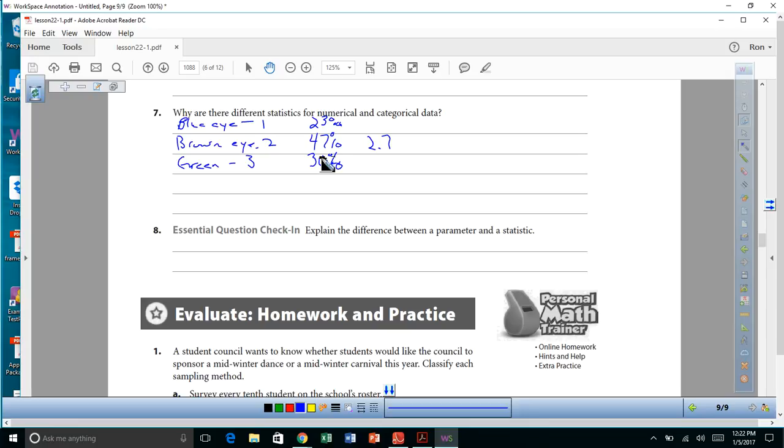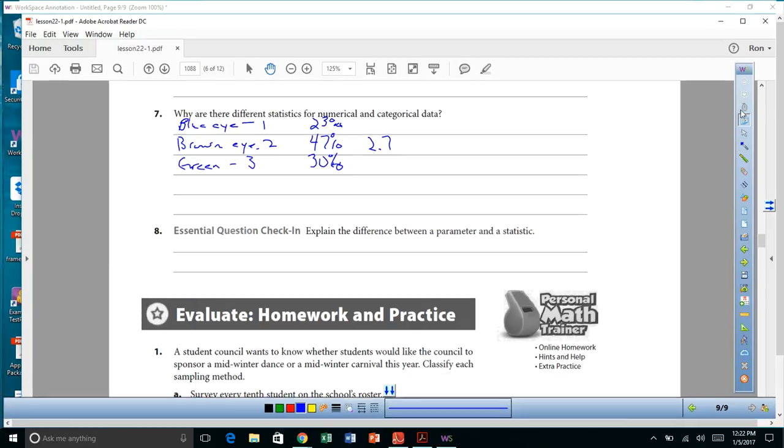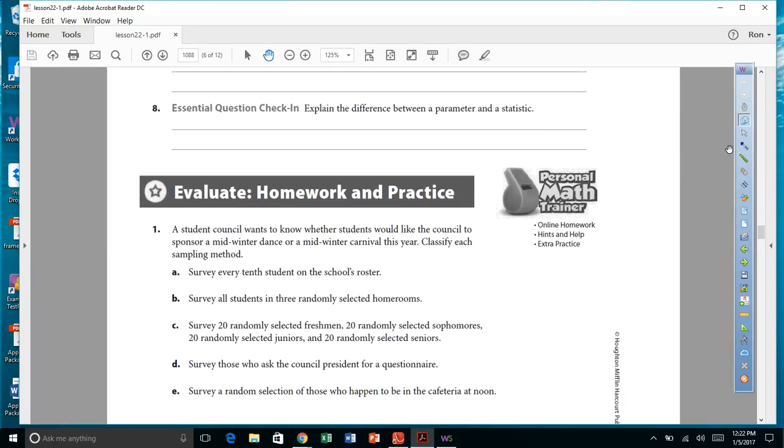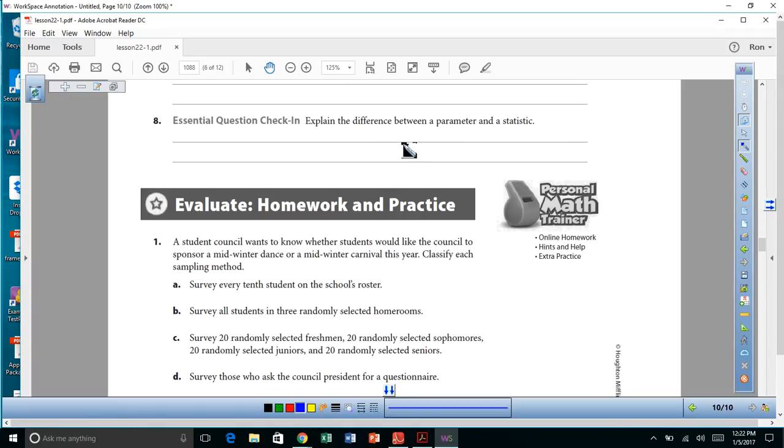Essential question check-in. Explain the difference between a parameter and a statistic. They're sort of like the same thing, but they're different. The reason why they're different is one refers to something that the other one doesn't.